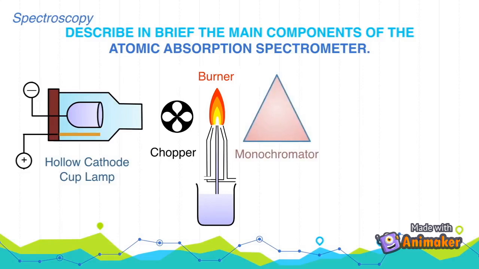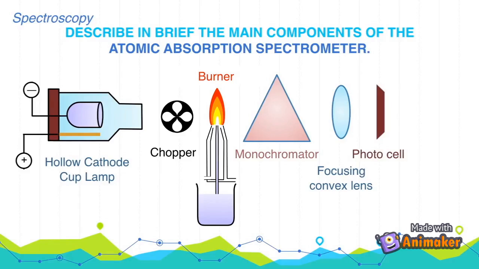4. Monochromator. Either prisms or diffraction gratings are used as monochromator. The transmitted beam from the flame enters the monochromator. Monochromator separates the beam of light into different wavelengths, and only one wavelength is allowed to pass at a time to photomultiplier tube. 5. Photomultiplier tube. When the transmitted light from the monochromator falls on the photomultiplier tube, a current is produced.